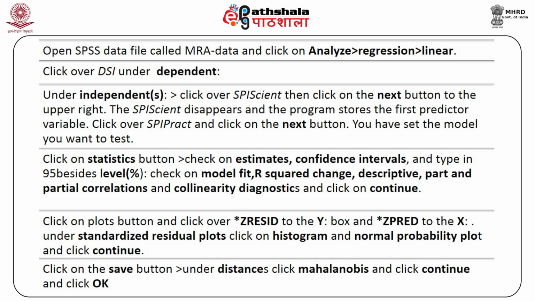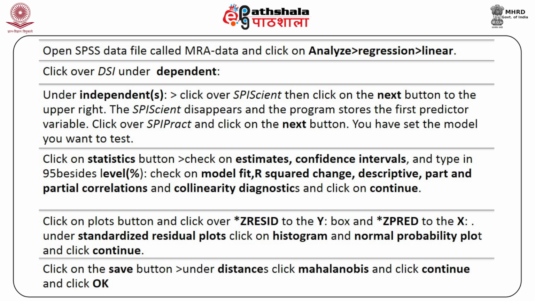Under Independent, click over SPI scientist, then click on the Next button to the upper right. The SPI scientist sign disappears and the program stores the first predictor variable. Click over SPI pract and click on the Next button. You have set the model you want to test.